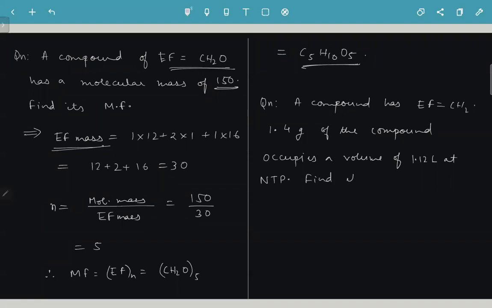Find its molecular formula. Try it. Using this data, we have to find out its molecular formula.